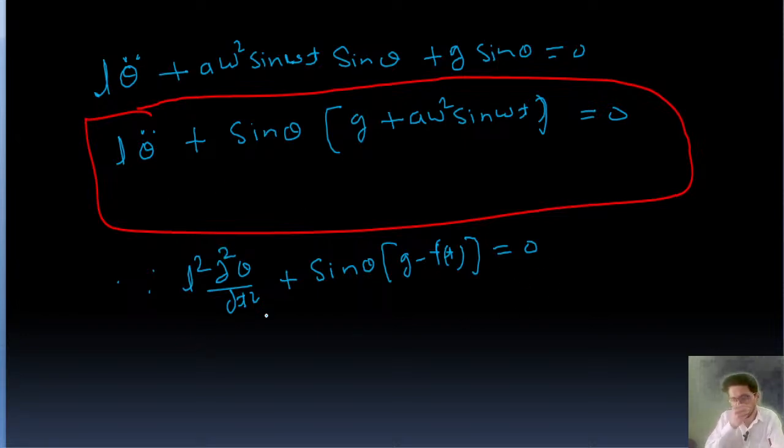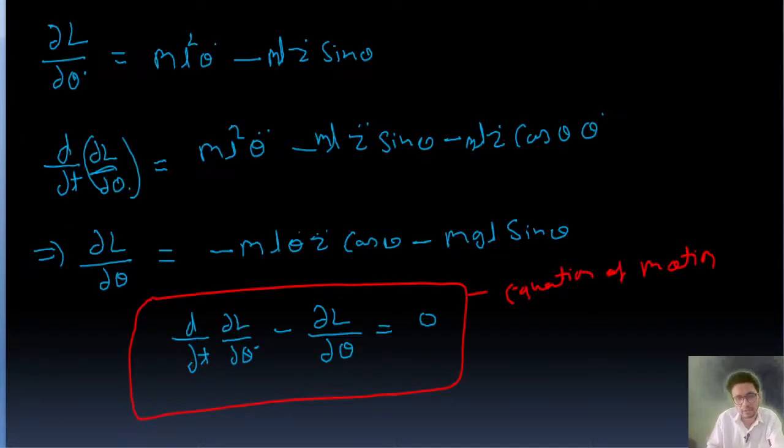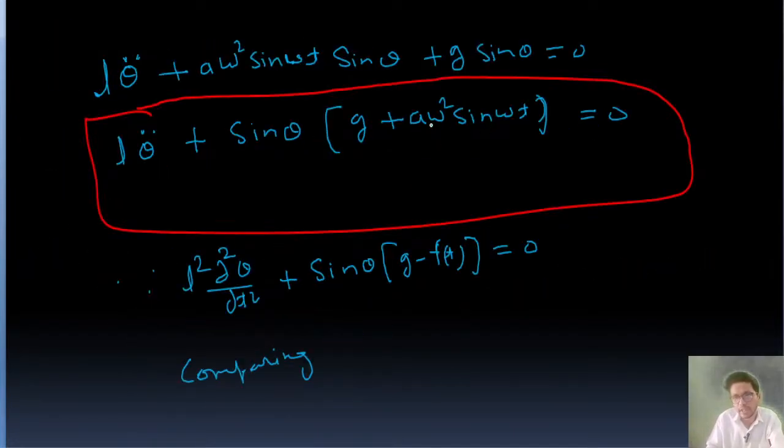So if we compare, minus ft is going to be equal to this value, a omega square sin omega t, and from here ft is going to be minus a omega square sin omega t.